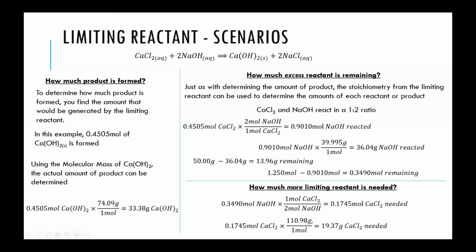And kind of more of the last step is how much more limiting reactant is needed. So how much excess or how much limiting reactant can this situation handle before everything is gone? So you're figuring out how much is left over.